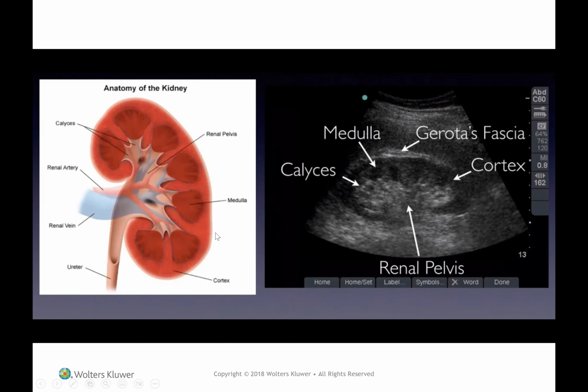So you can see what it looks like on the left side of the screen versus what it looks like on the right side of the screen on the ultrasound. The calyces are the echogenic portion that extend into the medulla, which is the anechoic pyramid areas.